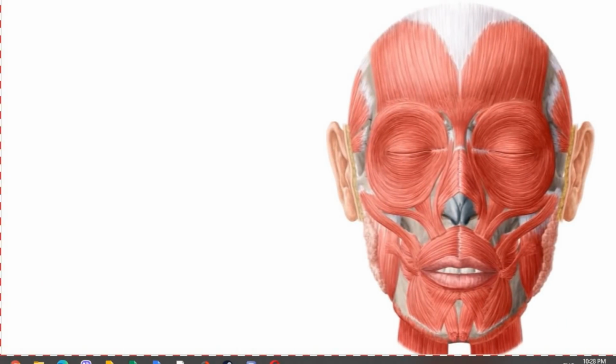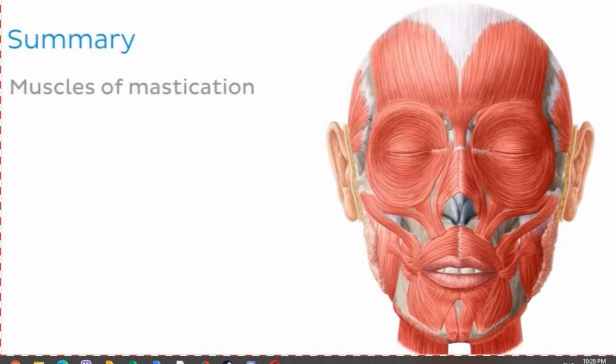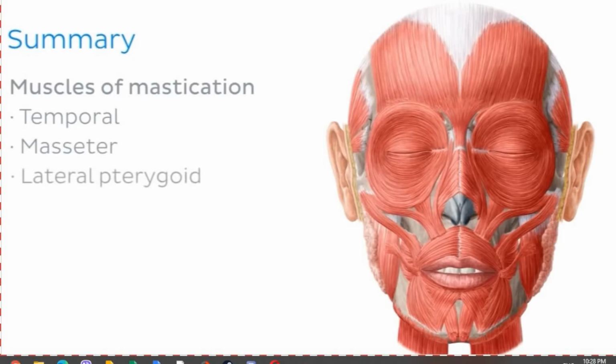Now that we've come to the end of this tutorial, let's quickly remind ourselves of the muscles we've looked at today. Within the muscles of mastication, we looked at the temporal muscle, the masseter muscle, the lateral pterygoid, and the medial pterygoid.